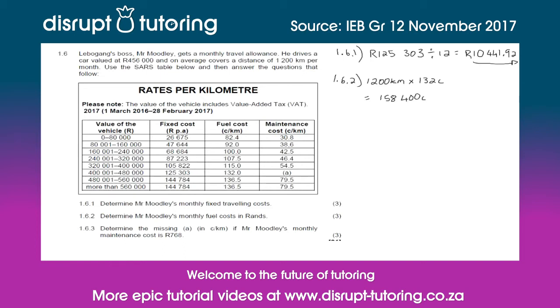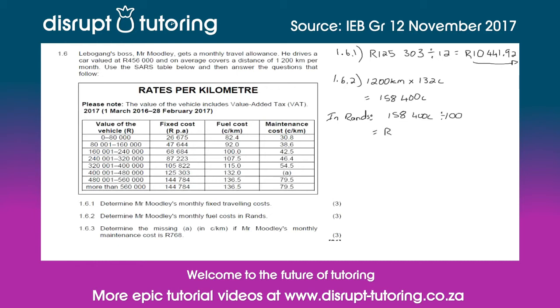And this is going to equal 158,400 cents, and they want the answer in rands, so we need to convert to rands. So in rands, this is going to be 158,400 cents divided by 100, because to convert from cents to rands, we need to divide by 100.